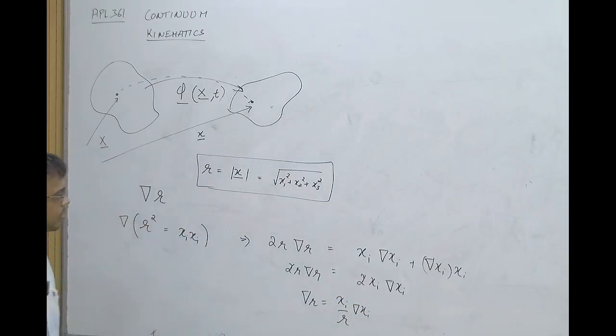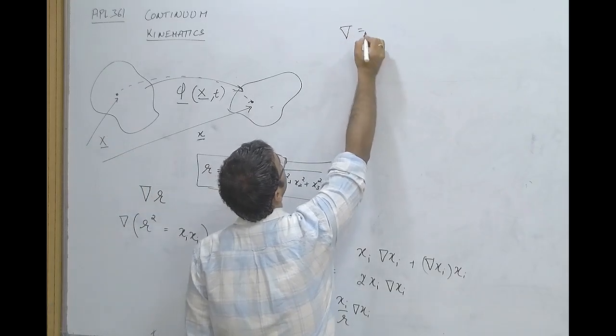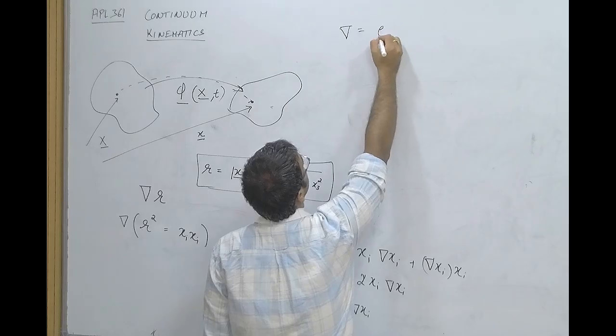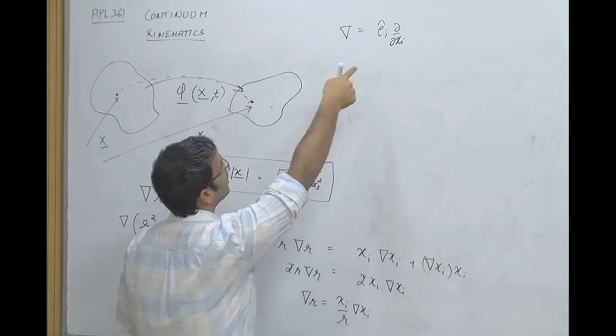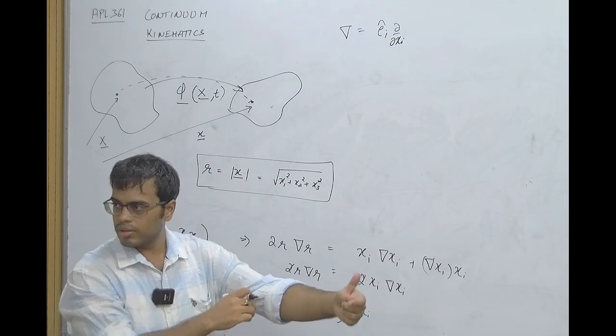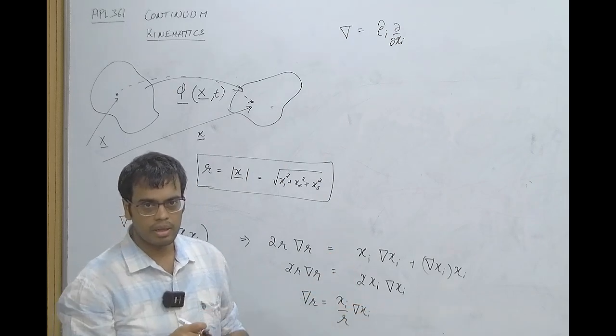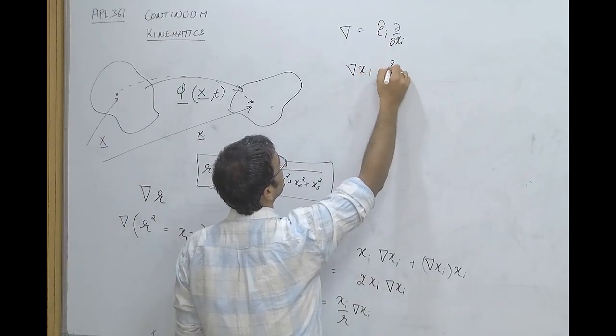Now what is this grad of xi going to be? So grad we defined as e hat i del by del xi. Can I apply this to grad of xi? If I define my grad like this, then is this valid?